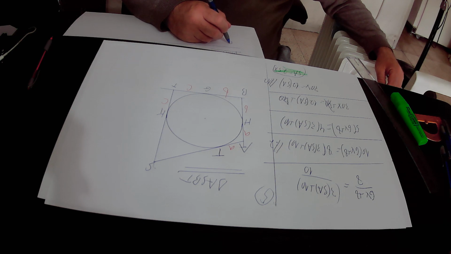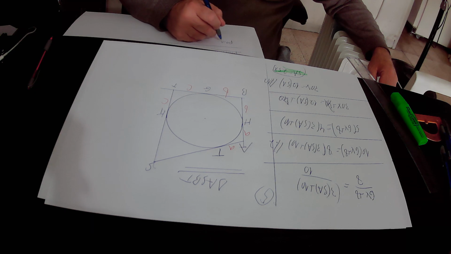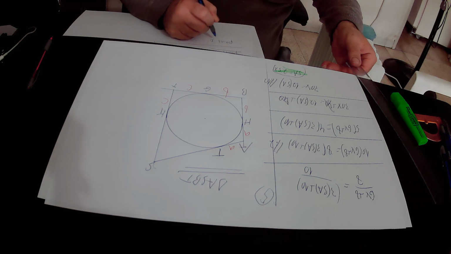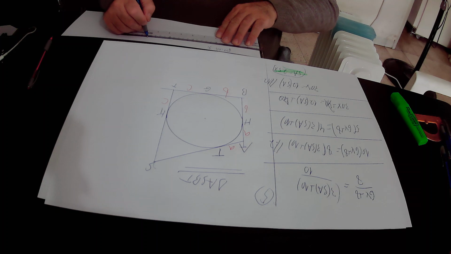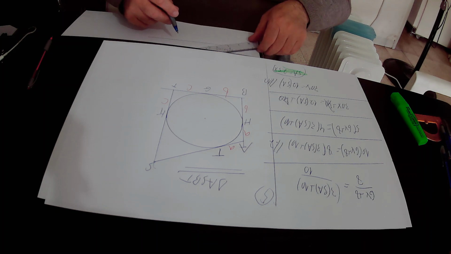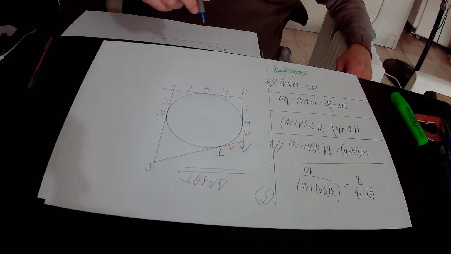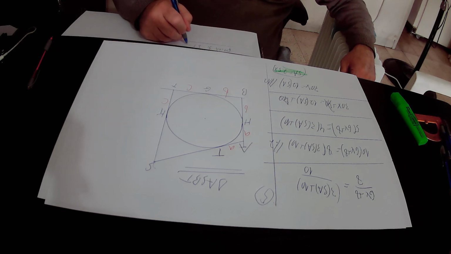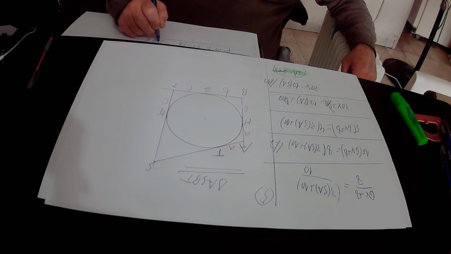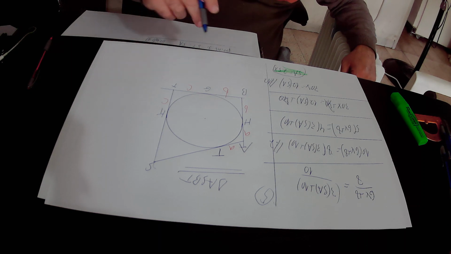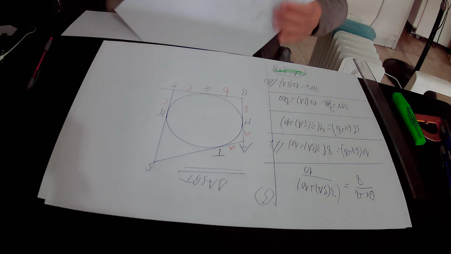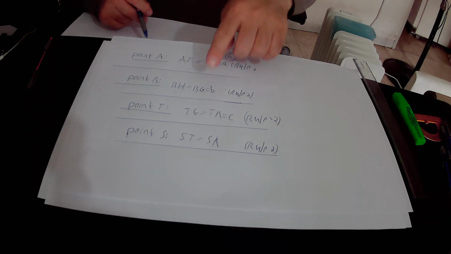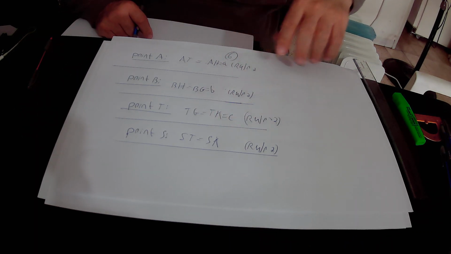And finally, we focus on the common exam point, point S. For the common exam point S, we have two tangents to this circle, ST and SK. And according to rule 2, they are equal to each other. That is to say, tangent ST equals tangent SK according to rule 2.